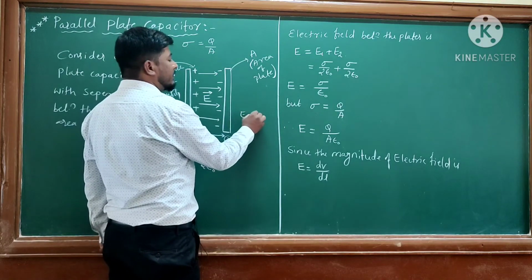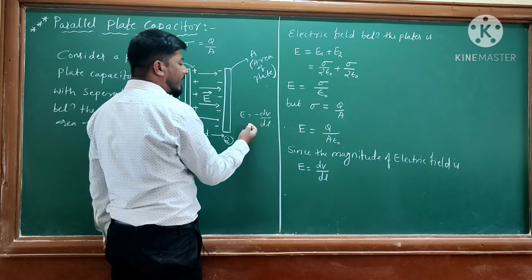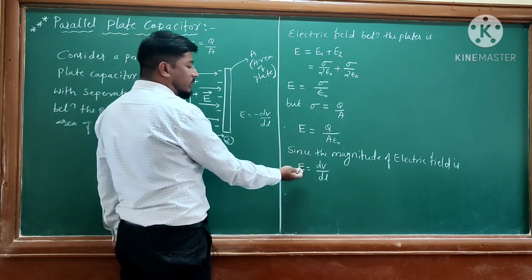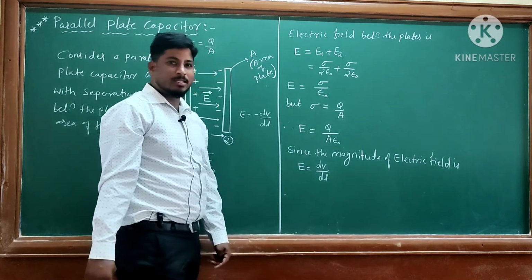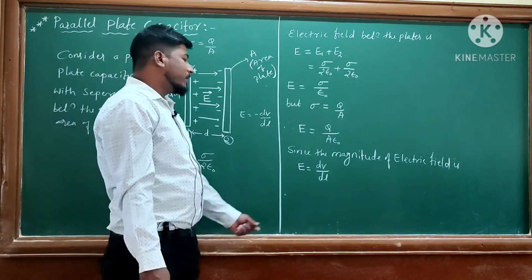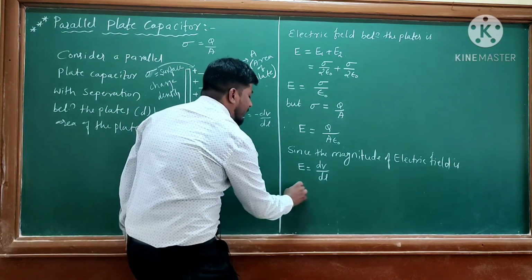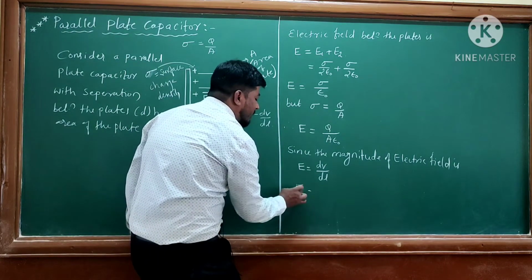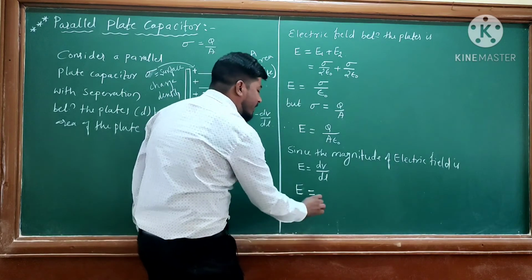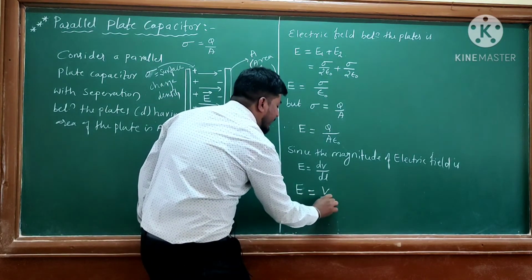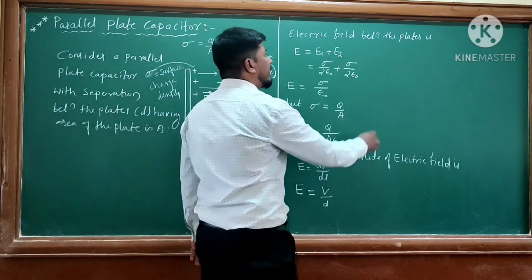We know it is E equal to minus dV by dl. I write only the magnitude of this electric field, so I get dV by dl, where dl is the perpendicular distance. Instead of dl, we have d here. So for our convenience, I write E is equal to V divided by d.